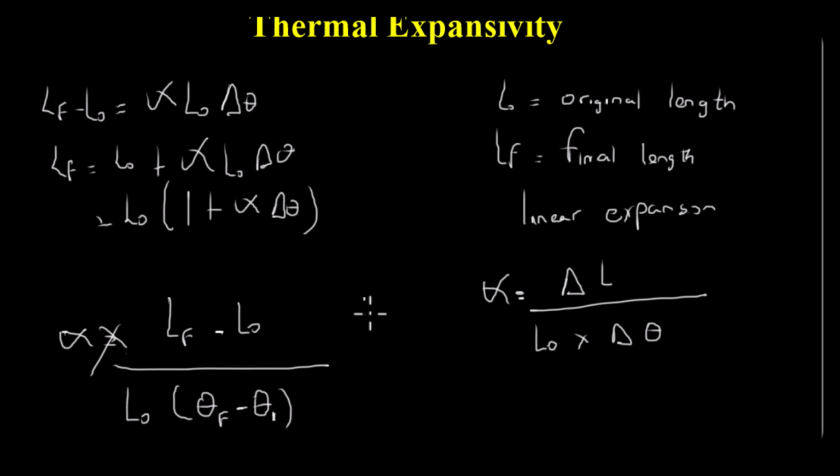So the unit of alpha is either per Kelvin or per Celsius. The reason why we use Kelvin or Celsius interchangeably in this topic is that the fundamental intervals for both Kelvin and Celsius are the same, which is 100 and 100. So it doesn't really matter whether it is per Kelvin or per Celsius.